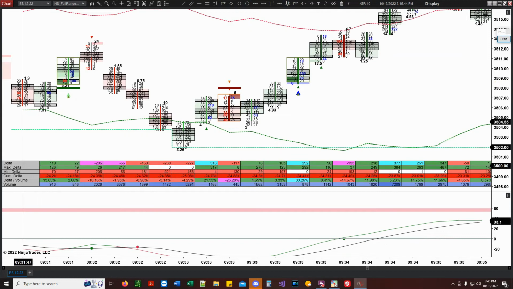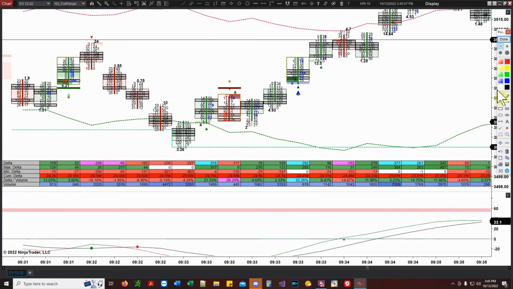Also, I am paying attention to the delta, the max delta, the min delta. I like to watch the cumulative delta, which if you look at the cumulative delta right now, is basically saying we're in a down market. This was this morning, as of the 13th of October. Look at this cumulative delta. That also gives me some type of indication on how the market is doing.